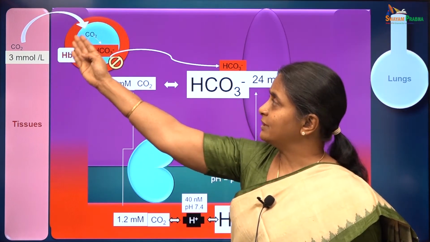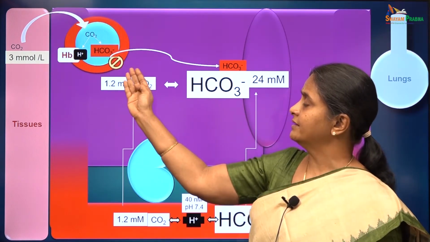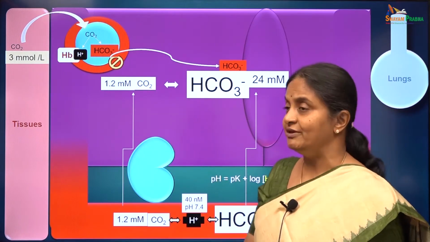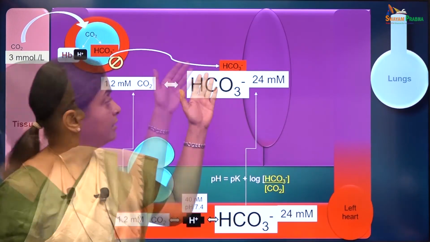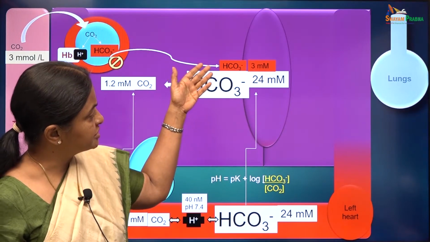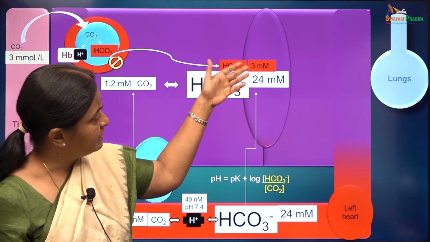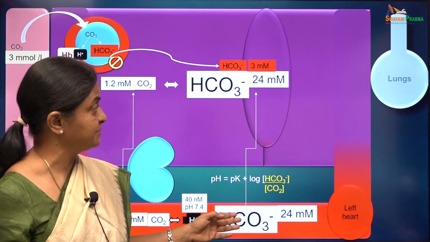When 3 millimoles per liter carbon dioxide comes into venous blood, an equivalent amount of bicarbonate will be formed. Therefore, the bicarbonate concentration in venous plasma will be more than that in arterial plasma.